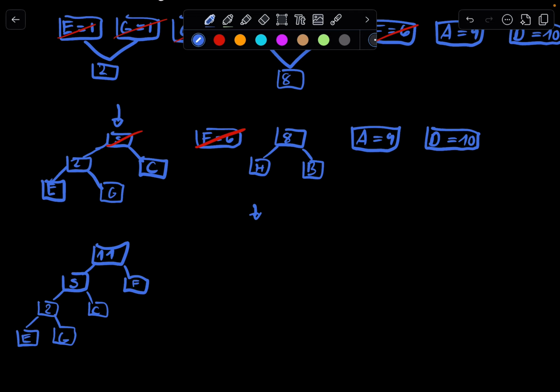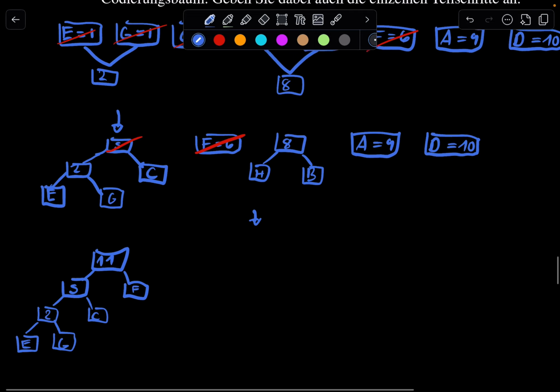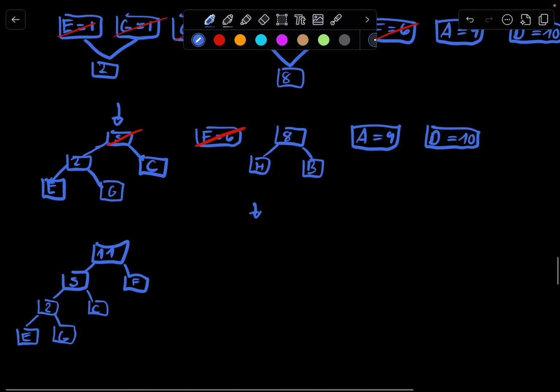So we have 8 now, right? And what do we do with the 8? That is the question. We have 8 and 11. So we still have 8 and 9 now, right? So we're going to add these up. So it's going to be 17.